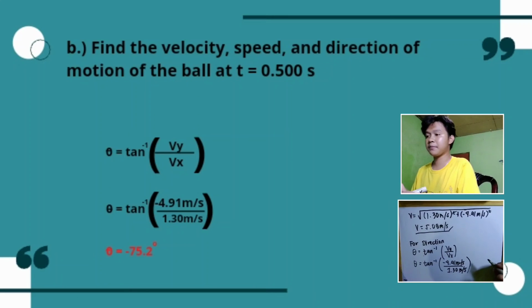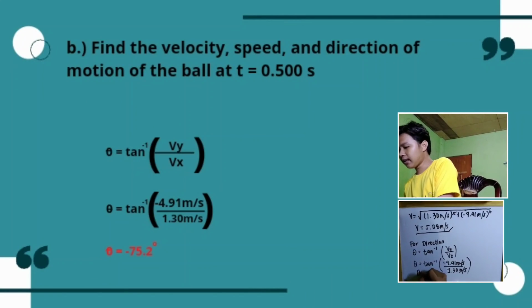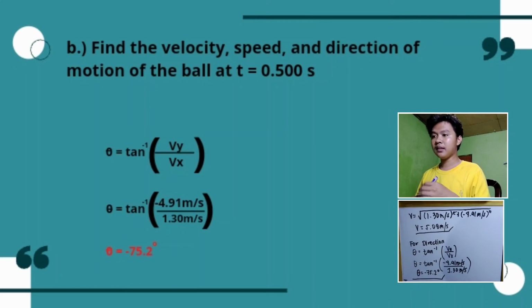Cancel the meters per second. So, the answer is angle theta equals negative 75.2 degrees. This will be the answer. Take note that the x position of the ball doesn't depend on the acceleration of gravity.